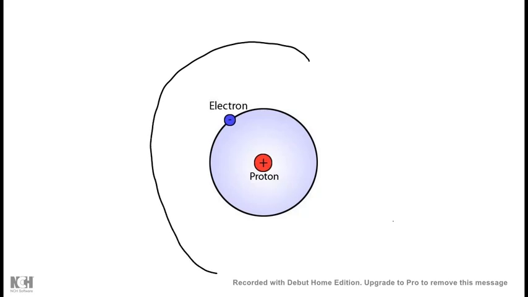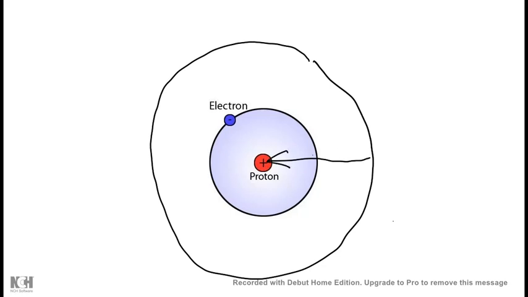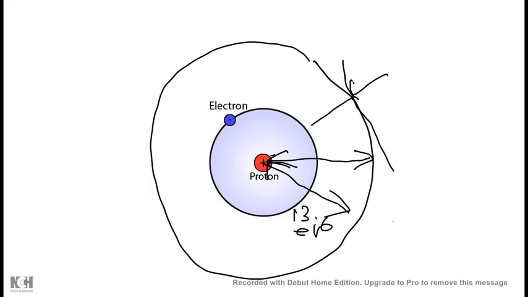It has a boundary, and this is the boundary of the atom itself. And we are sitting out here reading this 13.6 electron volts here, and we're reading it this wise.